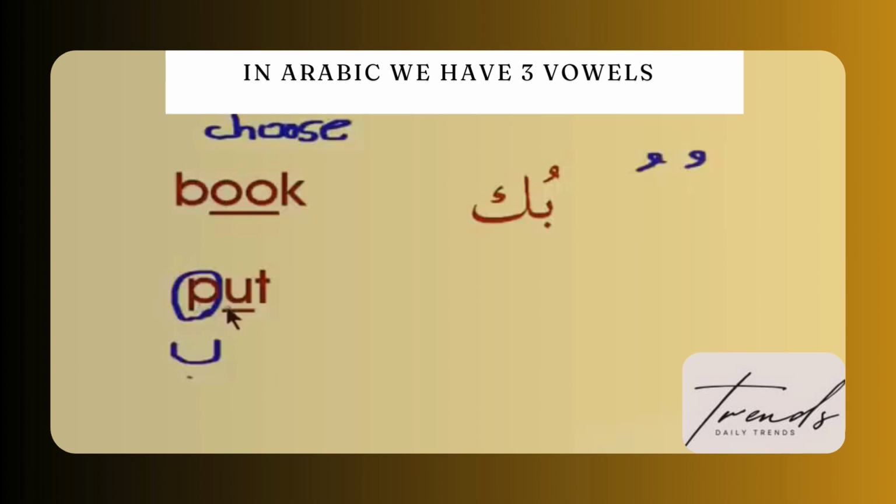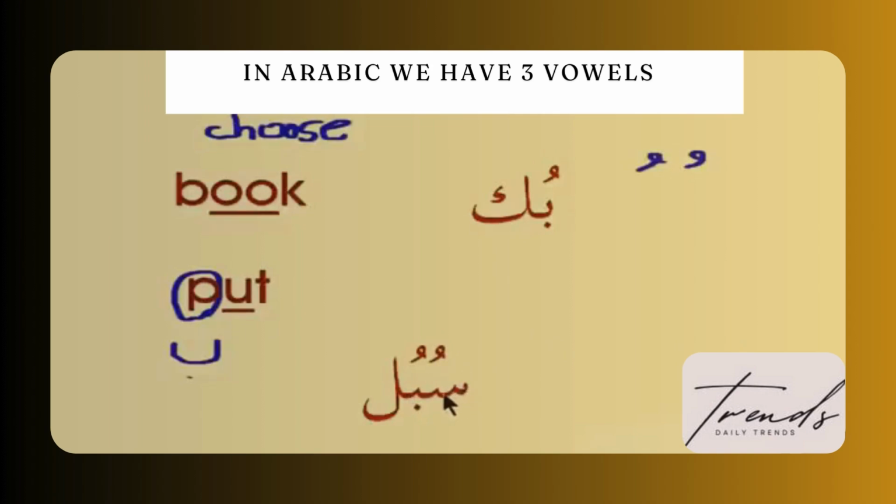Now let's just practice this. We have a word composed of 3 letters. Both the first 2 letters are with a dhamma.